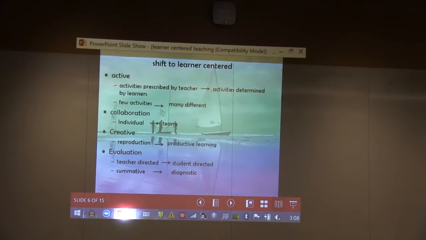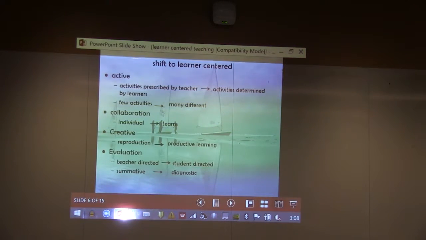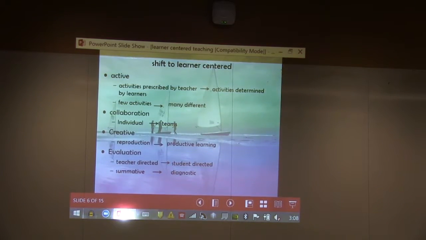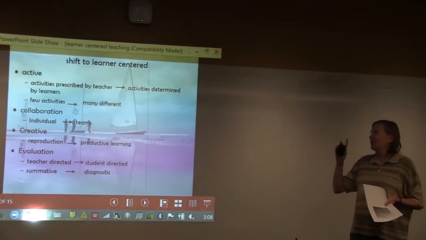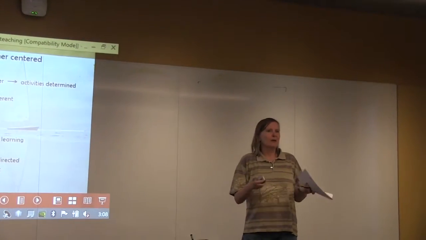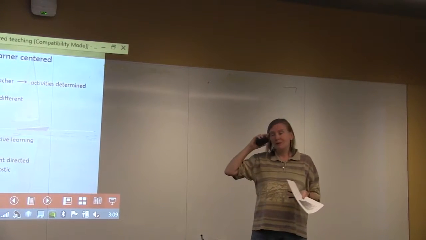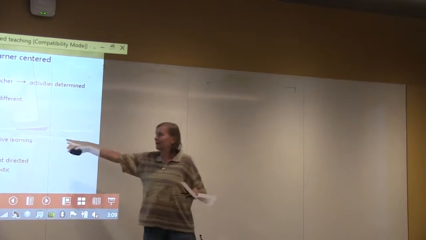And in a teacher-centered environment, there are often only a couple of things, because how many things can you do during a 50-minute class? But for a learner-centered classroom, you give them many options. So that has to make you creative too, right?